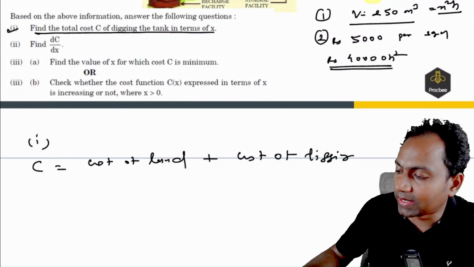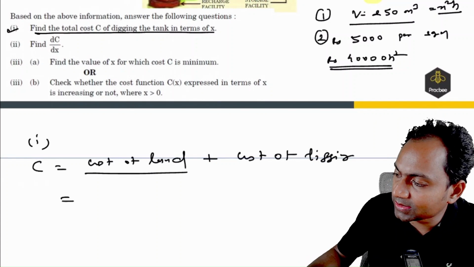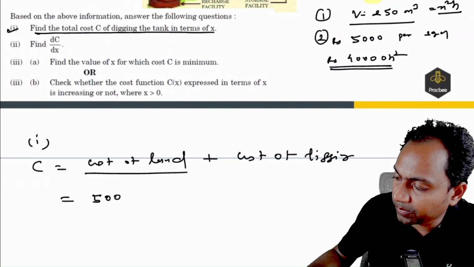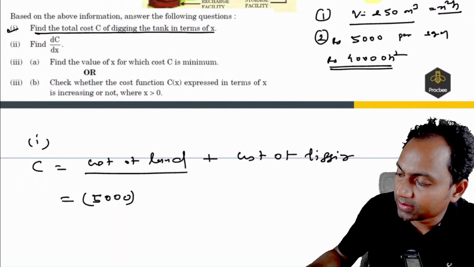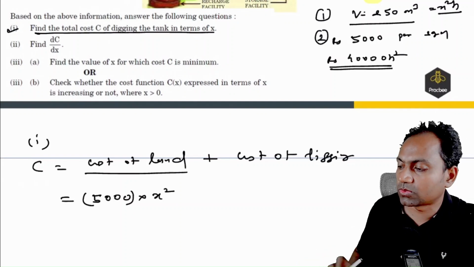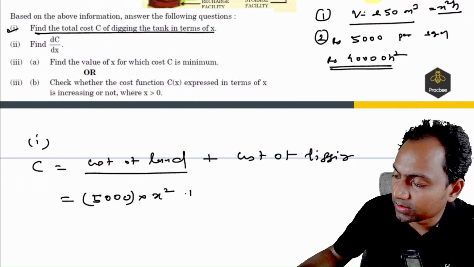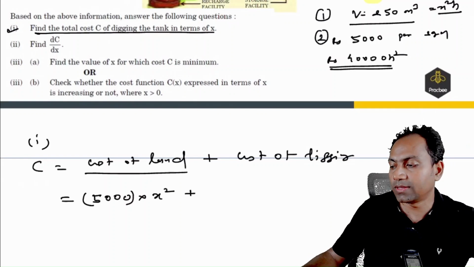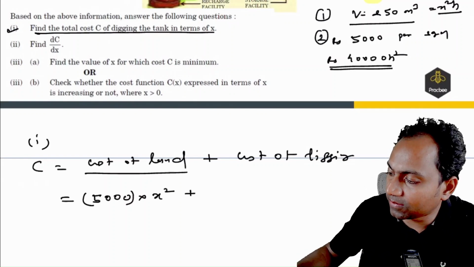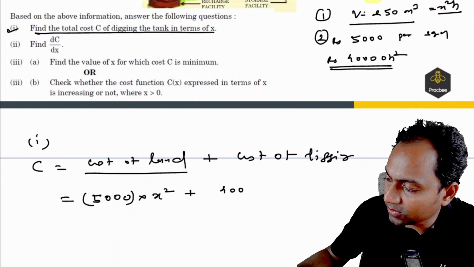Now cost of land would be nothing but whatever is the price of per square meter, that is 5,000 into area. So area will be nothing but x square. This is the cost of land. If I want to find the cost of digging, it will depend on nothing but the height, and that is given as nothing but 40,000 into h square.